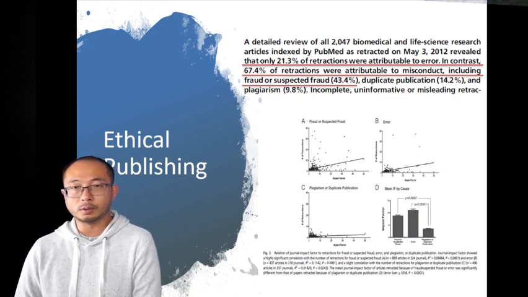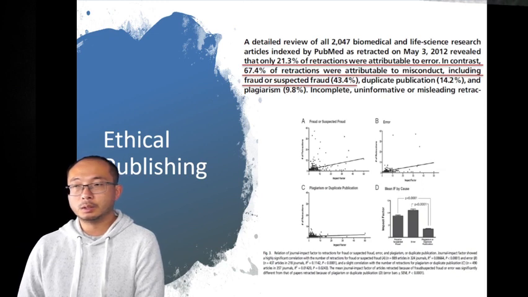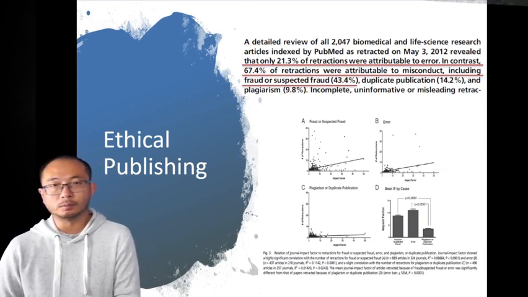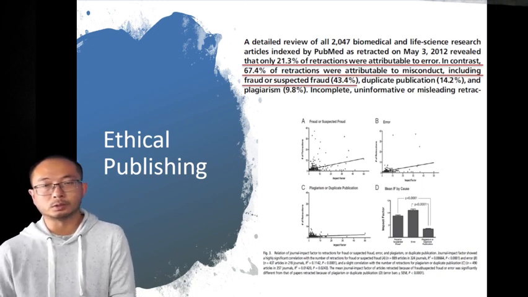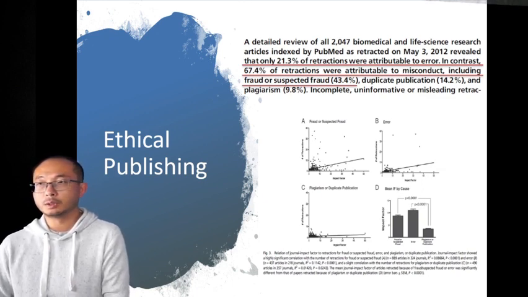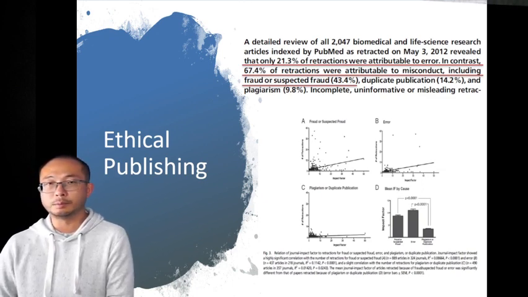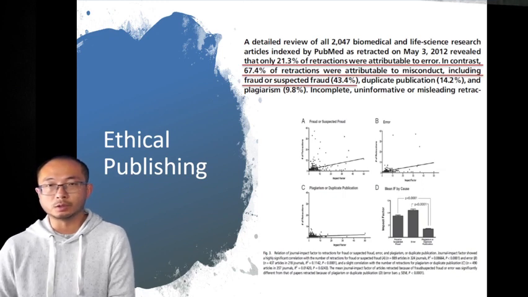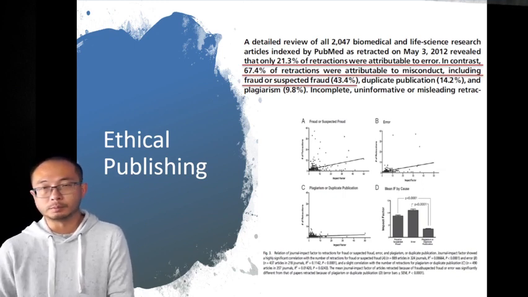The volume that is required by many institutions around the world to maintain employment or to maintain funding places enormous pressures on principal investigators.